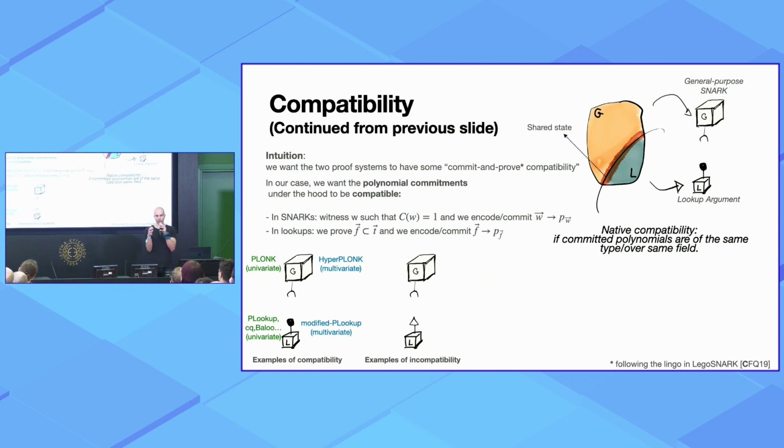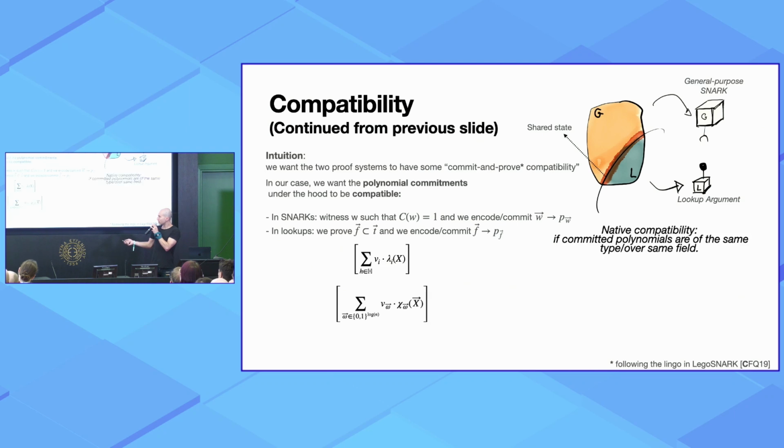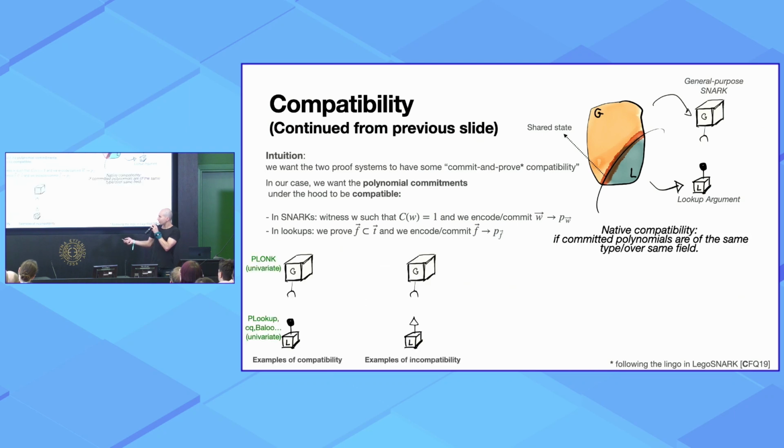There is HyperPlonk, which is the proof system for R1CS proper, and then HyperPlonk Plus, which is HyperPlonk able to talk with an additional module, which is a variant of lookup for multivariate. That's one case in which you need to modify the lookup argument to make it talk. And then, of course, trivial examples of incompatibility: take the bottom left and the top right over there.